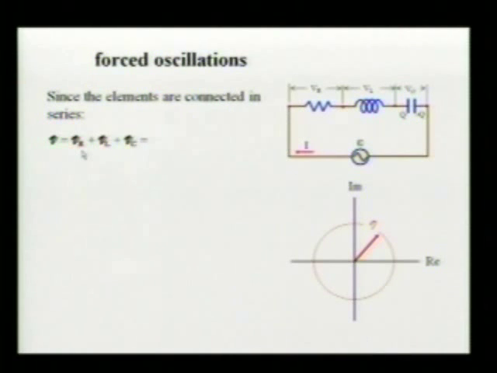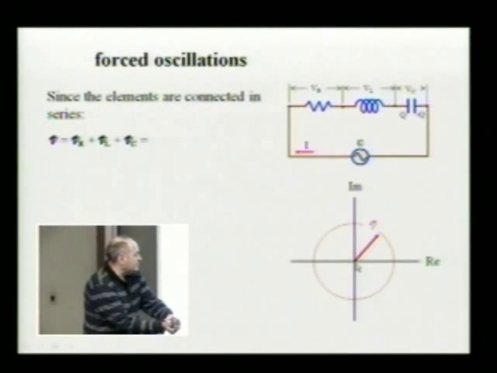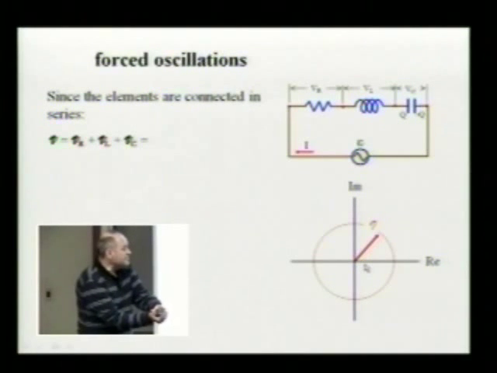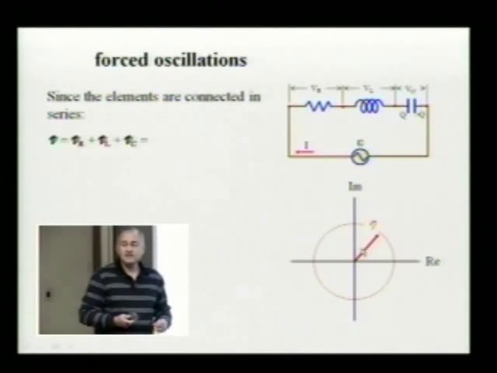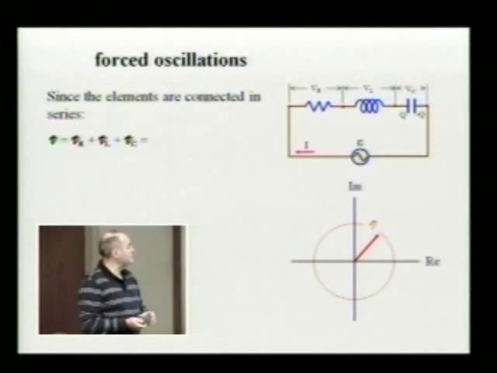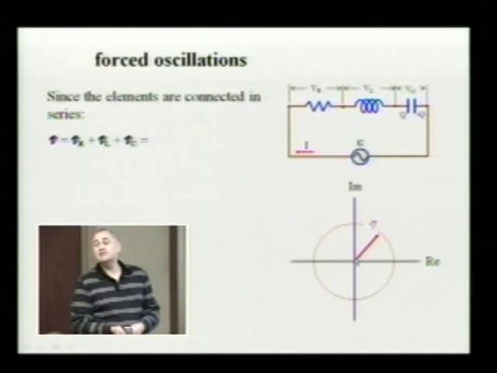Well, it depends on the resistance. If resistance is 1, the two phasors would be equal. If resistance is 2, the phasor of the voltage should be 2 times longer. If resistance is 10 kilo ohms, then the phasor for voltage across the resistor should be 10,000 times longer. So I would advise using a different scale for voltage and for current.